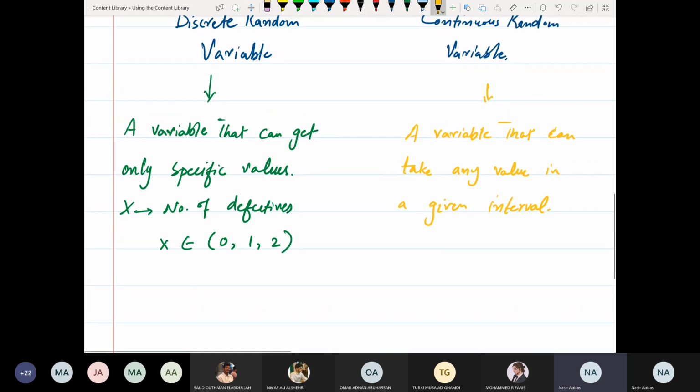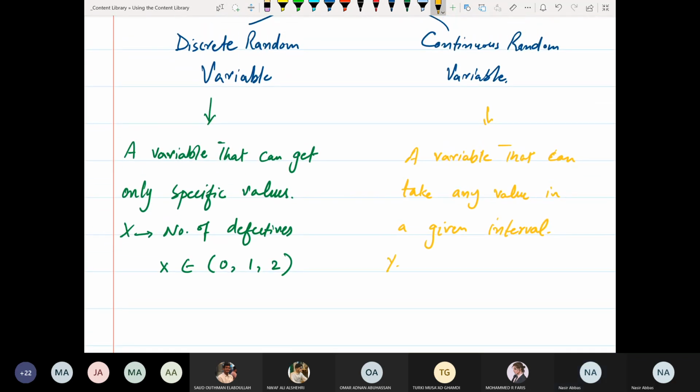For example, I define Y as the height of participants. Now, the height of participants can go up to as many decimal points as you want.